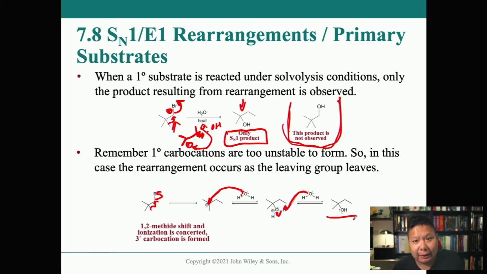So now it's neutral again, and now you get the alcohol product right there. Okay. And again, just to remind you, at the end of all these, there's always a proton transfer.